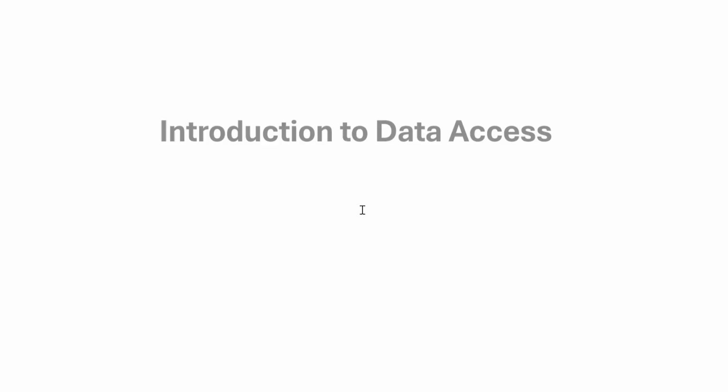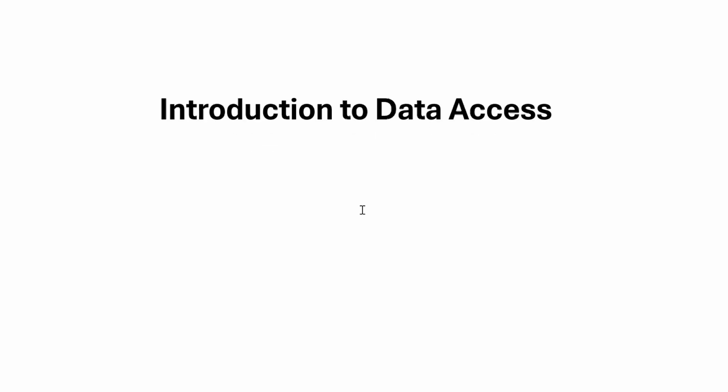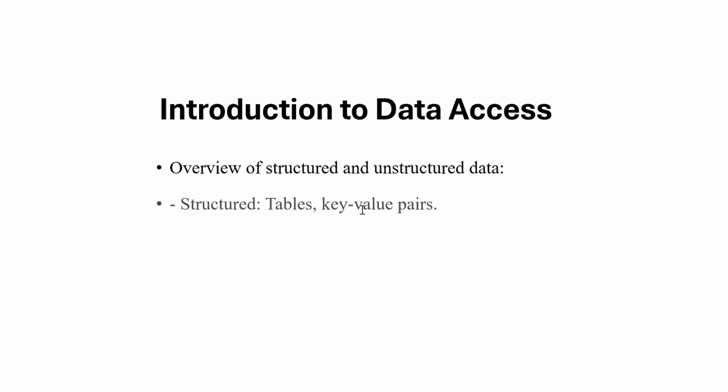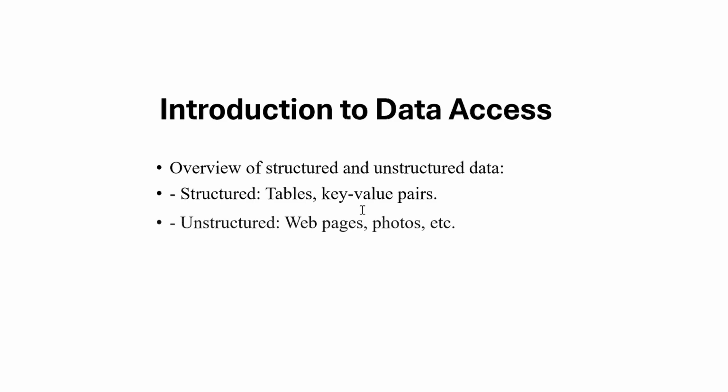To start with, I will be introducing data access and how it is done. There is going to be an overview of structured and unstructured data. Structured data is in a tabular way, and it forms a matrix in which key value pairs are stored, whereas unstructured data includes web pages, photos, content, and scattered information which are not in a structured manner.